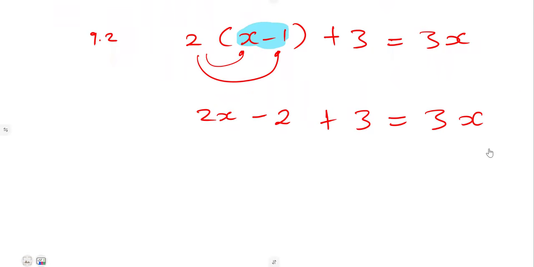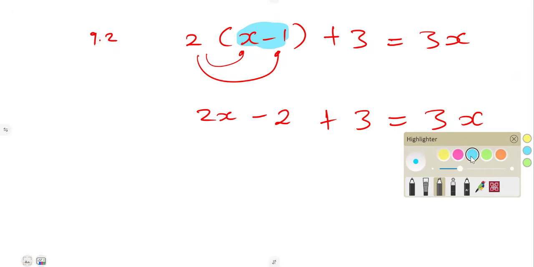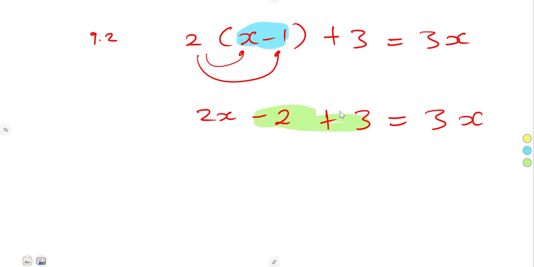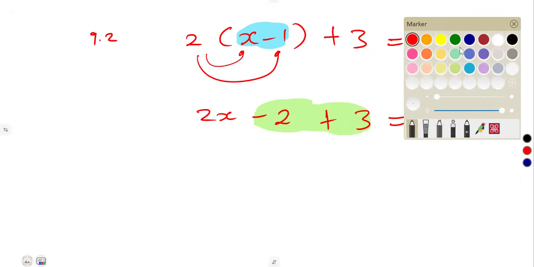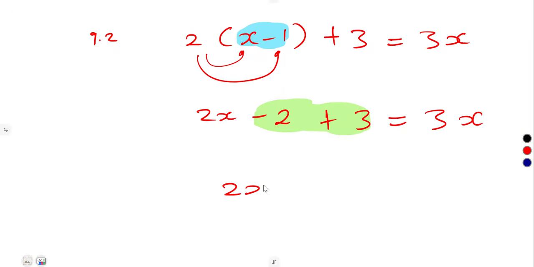Yes, we can collect the like terms, this one to the other term, or you can simply evaluate first on the left-hand side as we have got these two terms, which are the constants. They can be combined together. So that's 2x, all right, a negative 2 plus 3, that's positive 1. 3 minus 2, that's 1, equal to 3x.